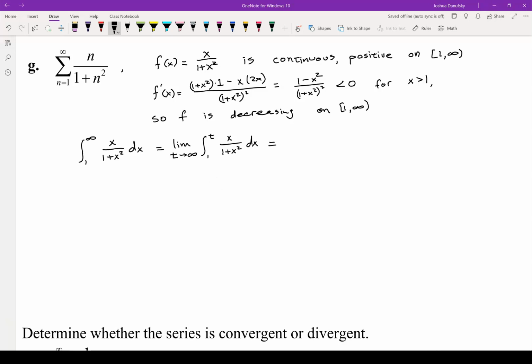You can go ahead and pause the video and integrate this using u substitution.